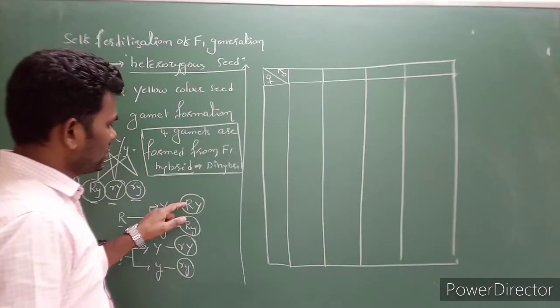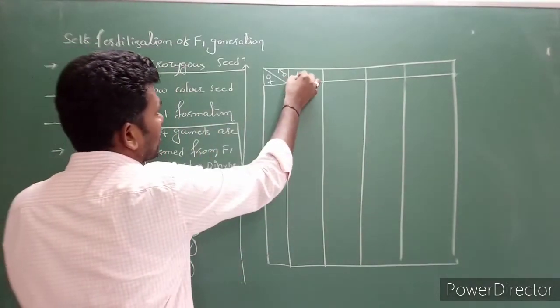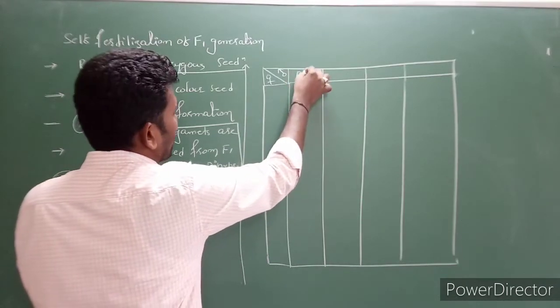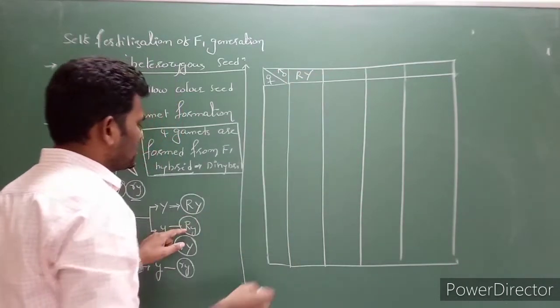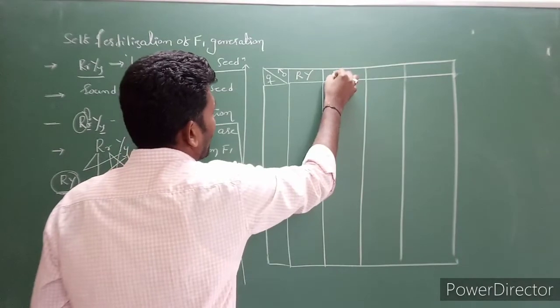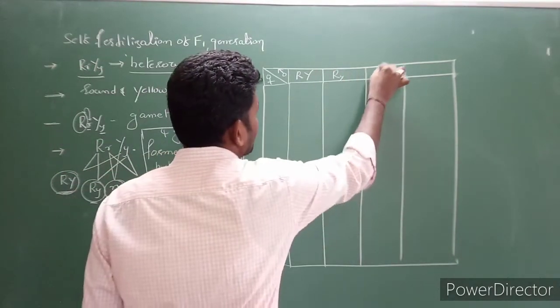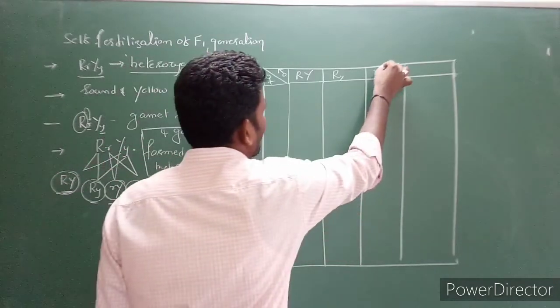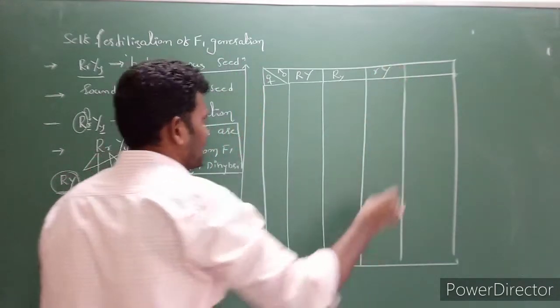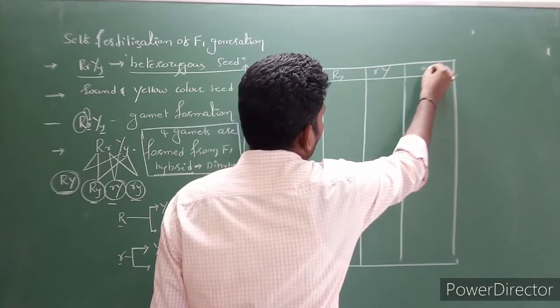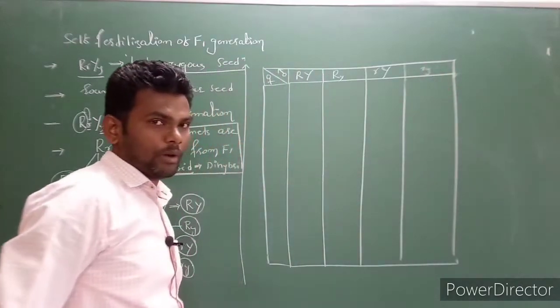So just write here capital R and capital Y, and next capital R small y, next small r capital Y, and last one is small r and small y. These gametes are formed.